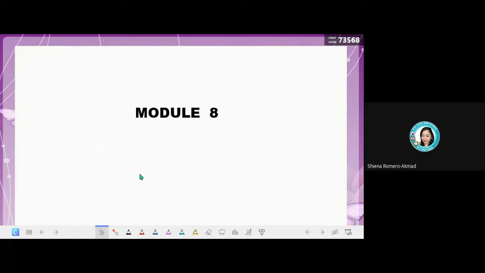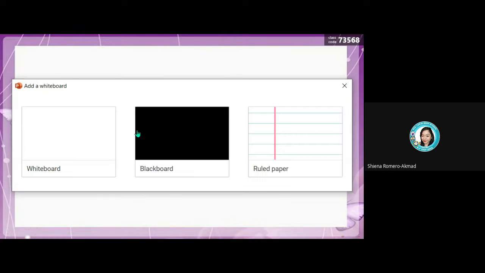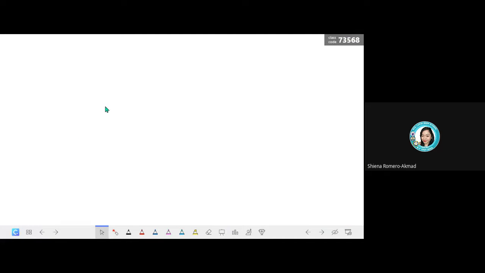Ayan. So for our module number 8, we will deal with, diba last time we had the geometric. So, magkaroon muna tayo ngayon ng parang review. Okay? So, diba, we are done with arithmetic. And under arithmetic, we have the general formula.